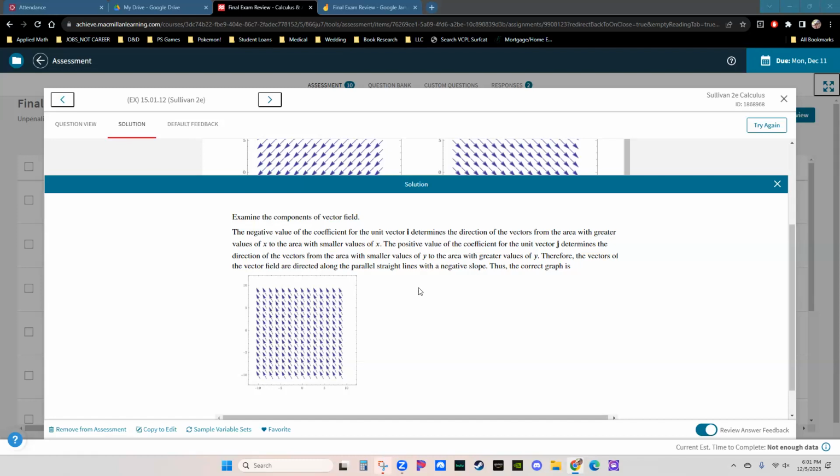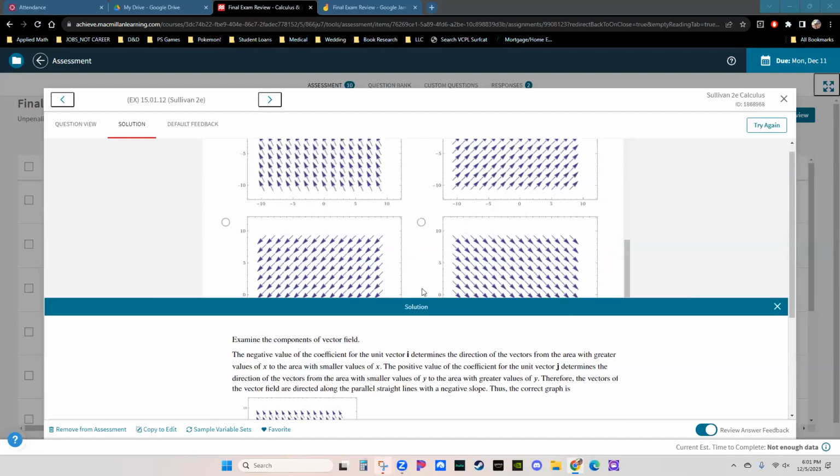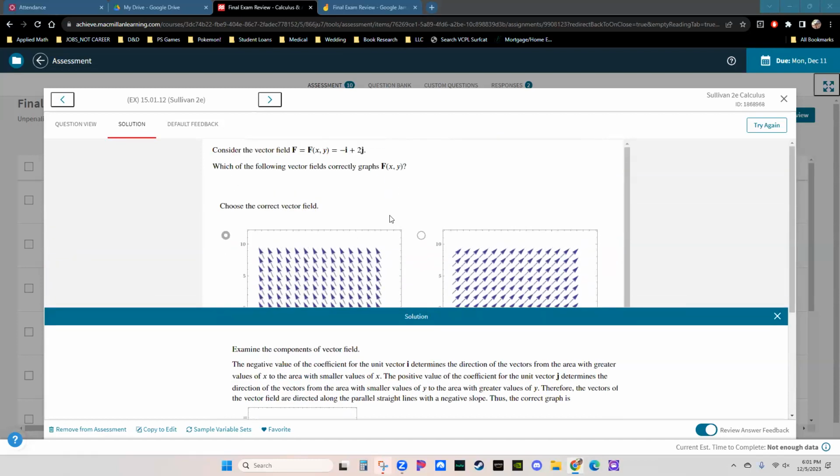The positive coefficient of the unit vector j determines the direction of the vectors from the area with smaller values of y to the area with greater values of y. Therefore, the vectors are directed along parallel straight lines with a negative slope. Thus, this graph is correct, which is the first one.